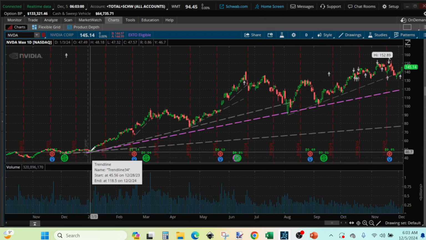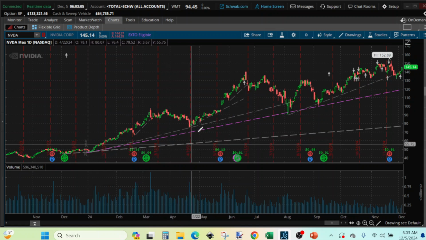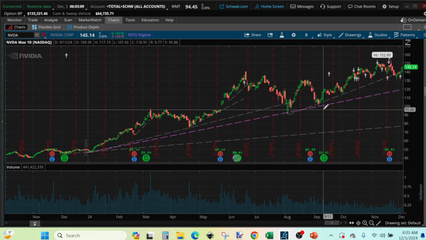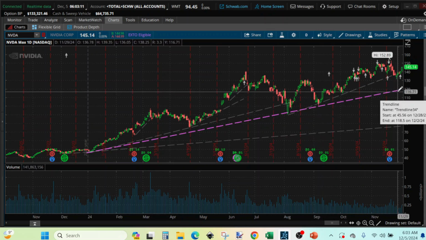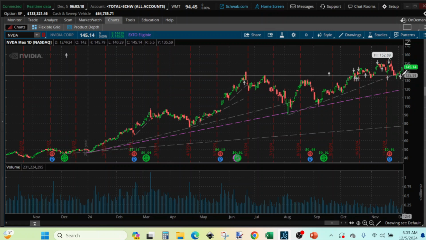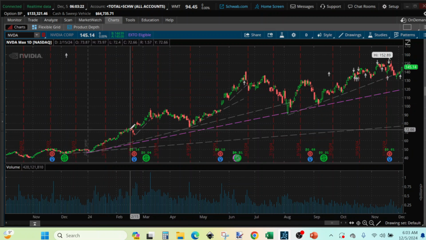But let's get closer now that we see the line we want to follow it on. That line started at the beginning of the year, and it tried to come back to it, came back to it, and I think that'll be the line we will follow it on. We bought it on this one, and you might have to be careful.